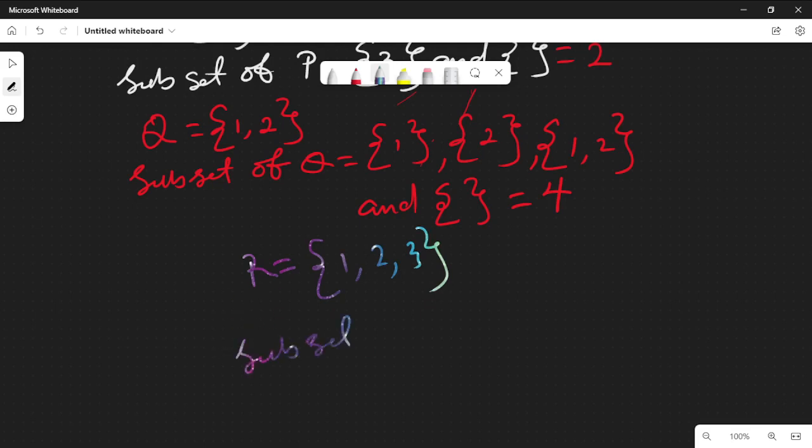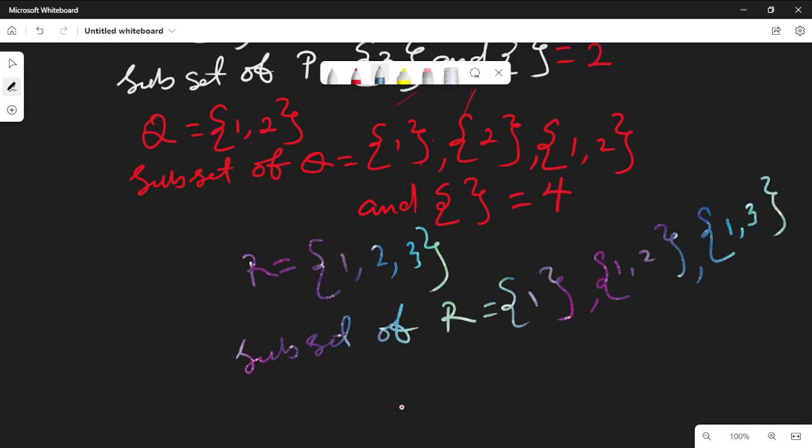So the subsets of R, we can have it to be 1, we can have it to be 1 and 2, we can have it to be 1 and 3, we can have it to be 2 and 3, we can have it to be 2, and we can also have it to be 3.